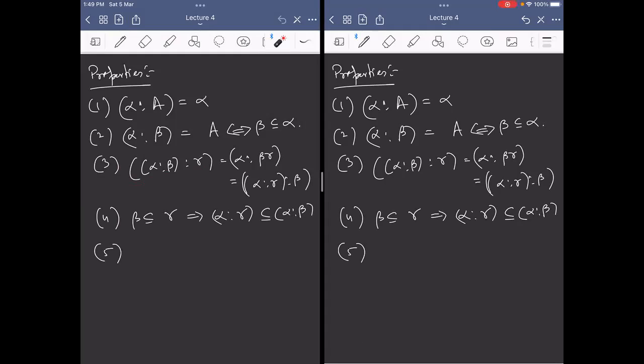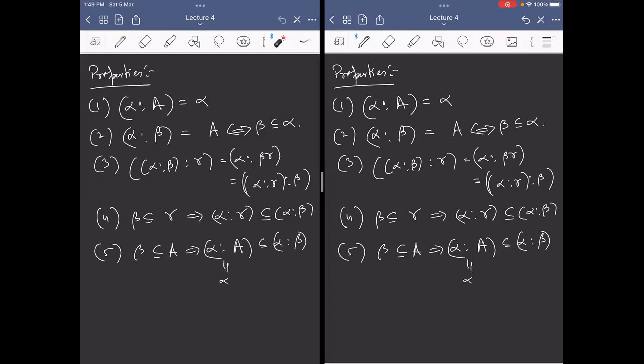Okay, now in particular from this, what you can say is that for any ideal beta, which is a subset of A, then alpha colon A is a subset of alpha colon beta for any ideal alpha by the previous thing.